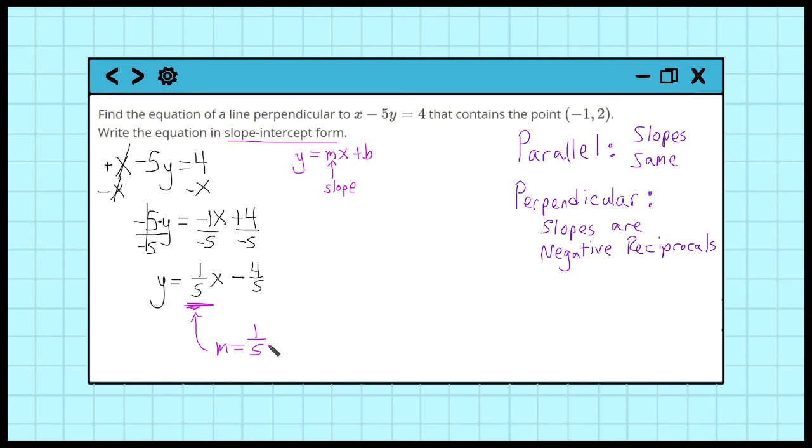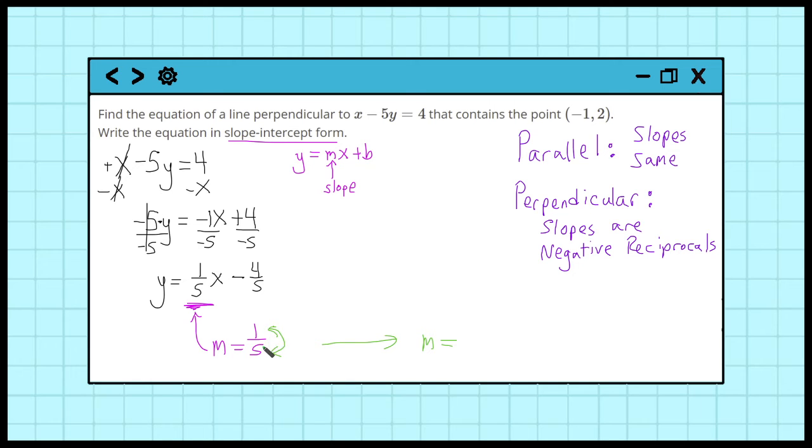So again, the goal here is to figure out what is the equation of the line perpendicular to this. So I want to figure out what is the perpendicular slope. I say, okay, my new slope, I'm going to flip this upside down.